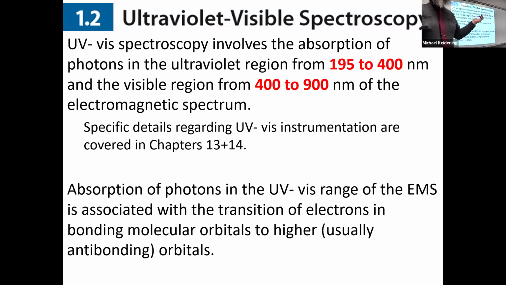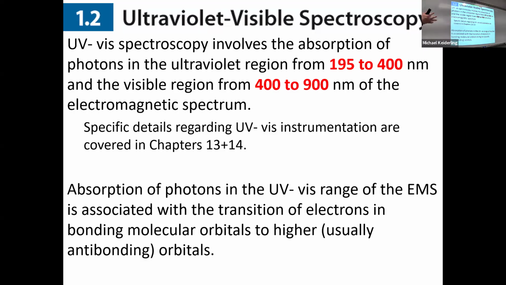We can't go super far into the ultraviolet here, because at a certain point, your sample containers and the air start absorbing the UV. So if you want to do high ultraviolet spectroscopy, you need a vacuum system.